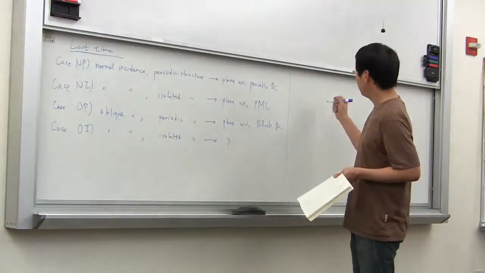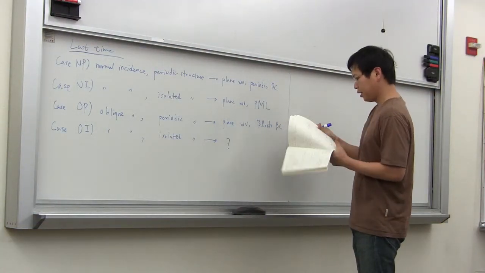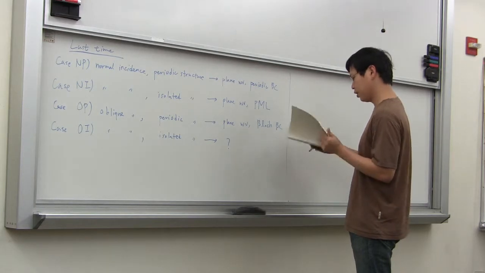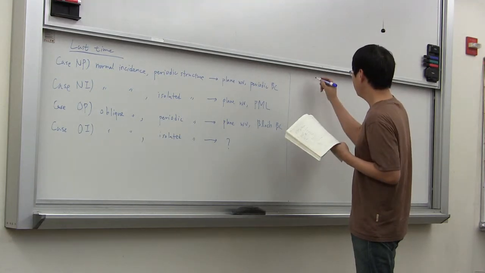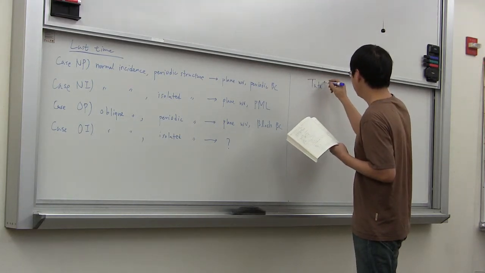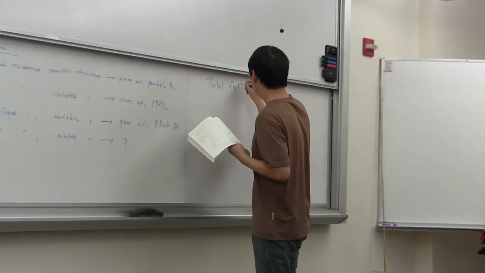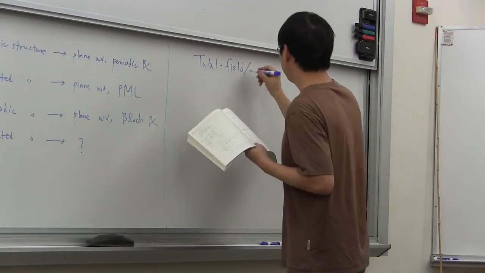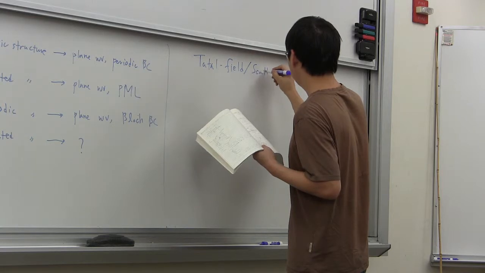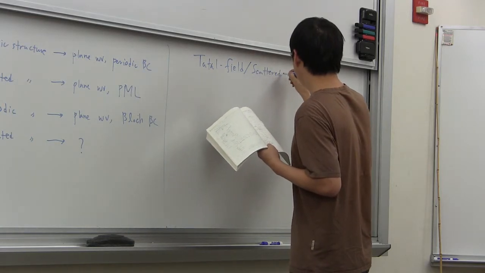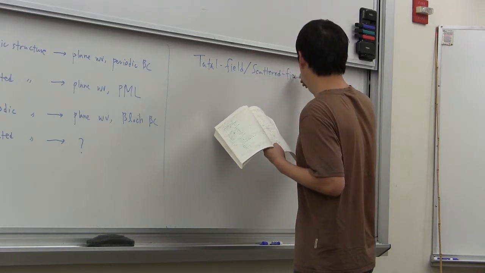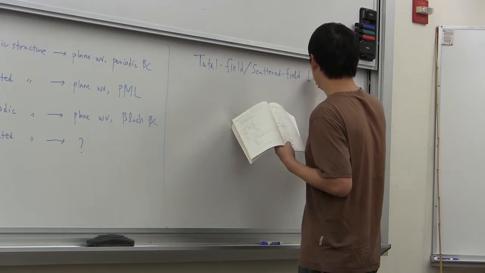So the method is called the total field scattered field method.